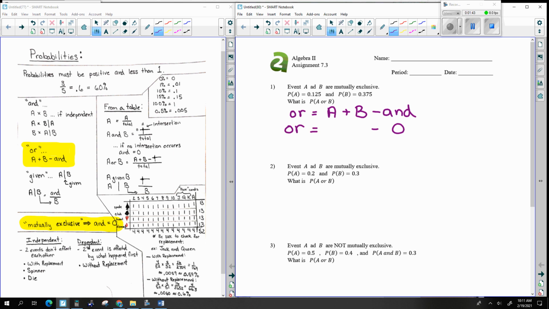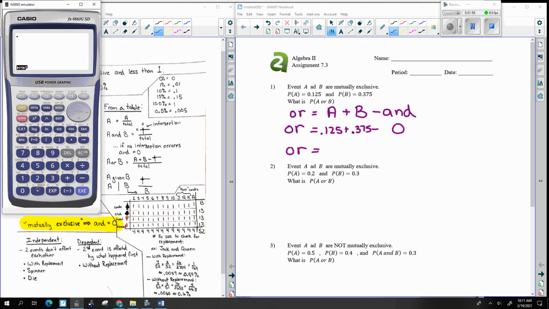The question is asking for or. Here they give us the probability of A of 0.125 and B of 0.375. So that implies that or is going to be, let's bring up my calculator here, 0.125 plus 0.375, and that comes out to be 0.5.